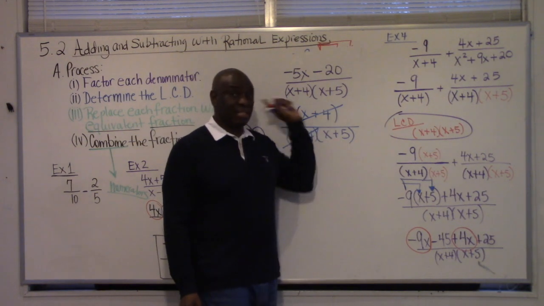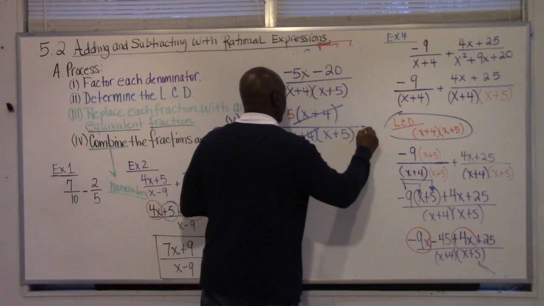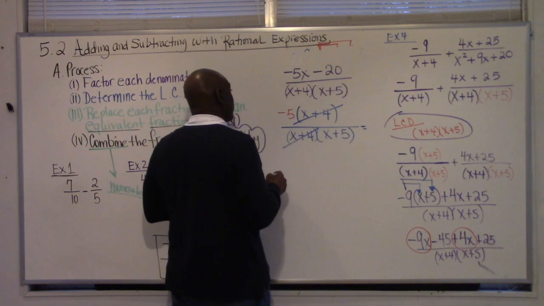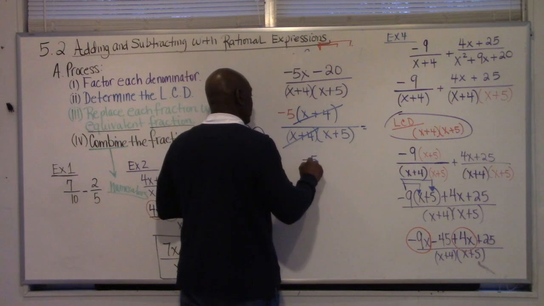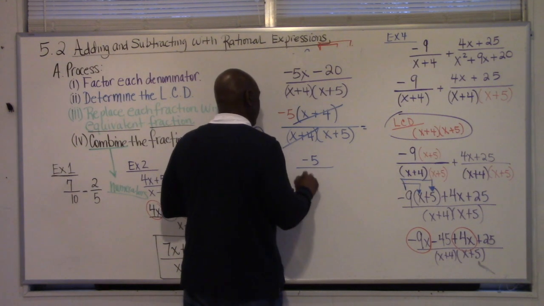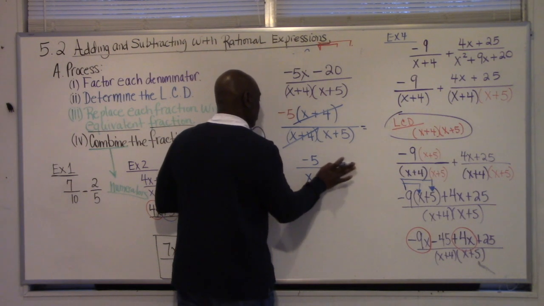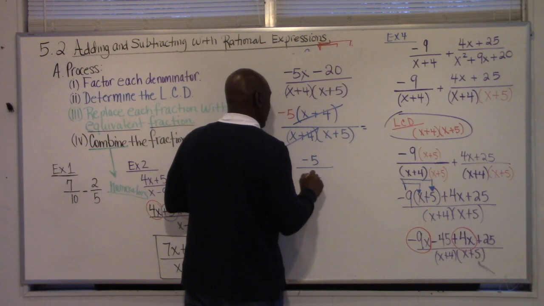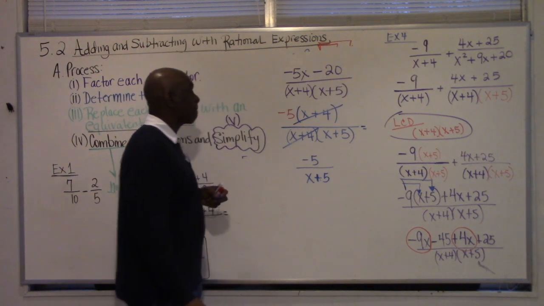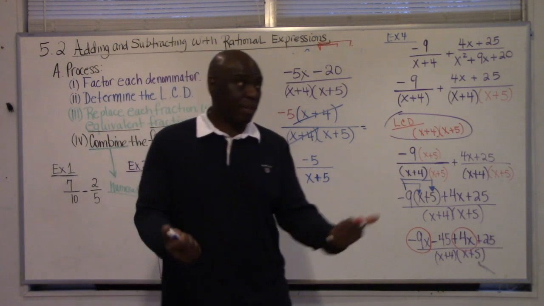This is what we did last lesson, 5.1. And we're left with our answer, -5x divided by x plus 5. There we go.